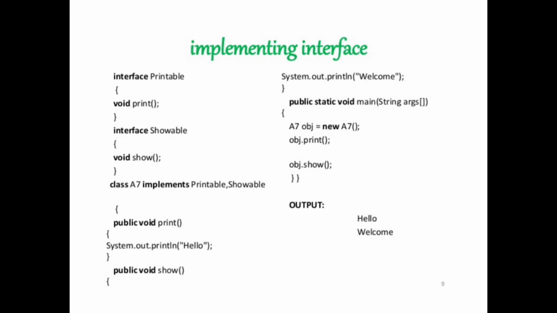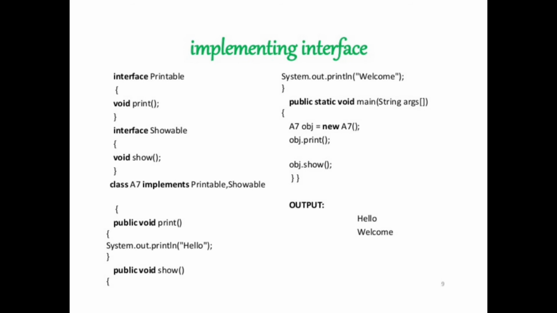Printable is one interface and Showable is another, and these interface methods are implemented in class A7. The print method is Printable's method, implemented in the class, and its output statement is hello. Showable's method is show, implemented in class A7, and its output statement is welcome.